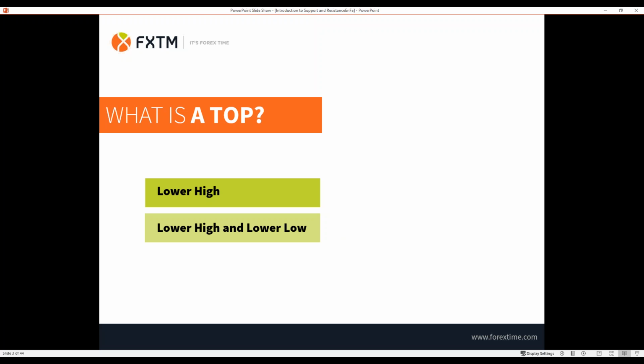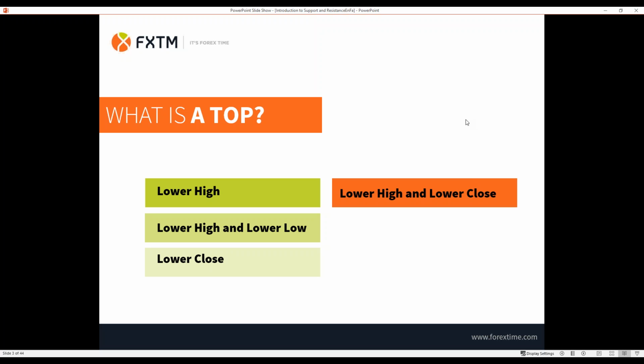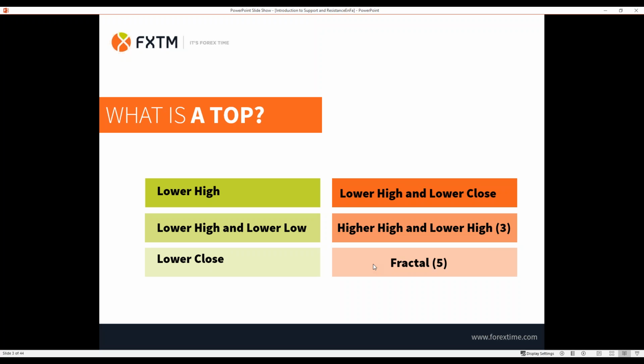It's either a lower high or a lower high and lower low. Third definition is lower close. Fourth definition is lower high and lower close. Fifth definition is higher high and lower high. And the sixth definition is fractal. Up fractal, if you prefer.